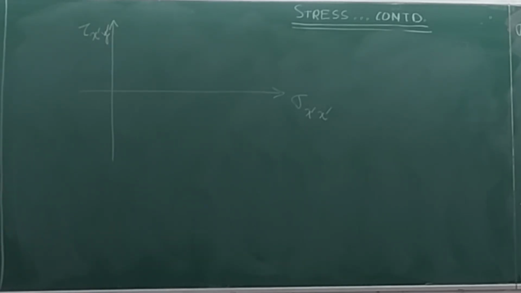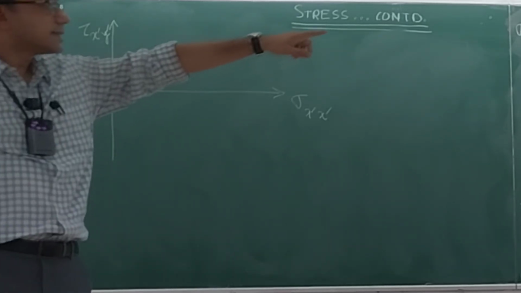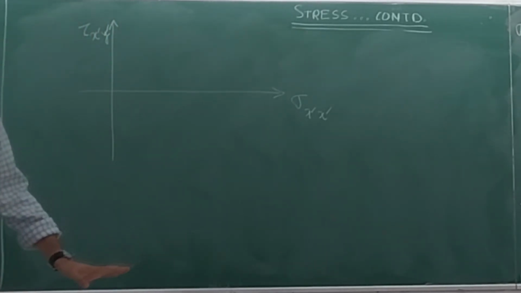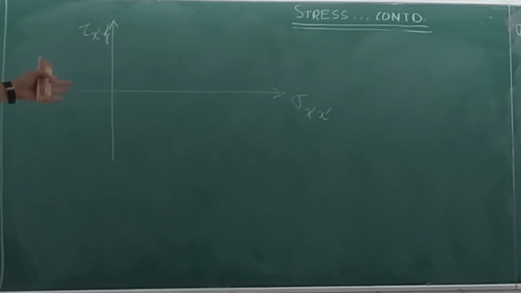Now, if I draw the circle, let's say that (sigma xx plus sigma yy)/2 is a positive entity. It need not necessarily be so, but suppose I have to draw something; I cannot draw different options on the same diagram. If it is positive, then the circle should be shifted to the right.